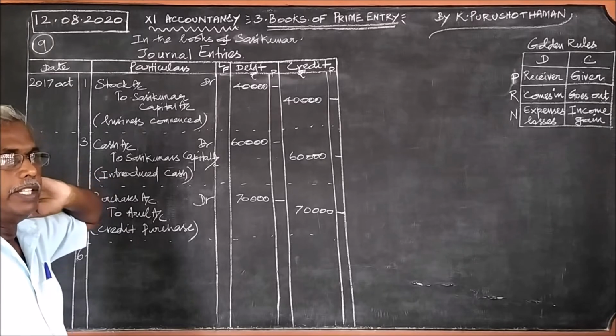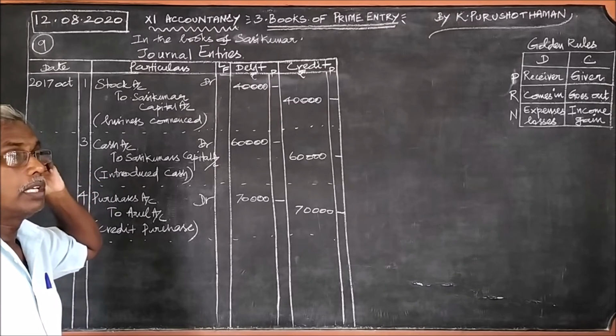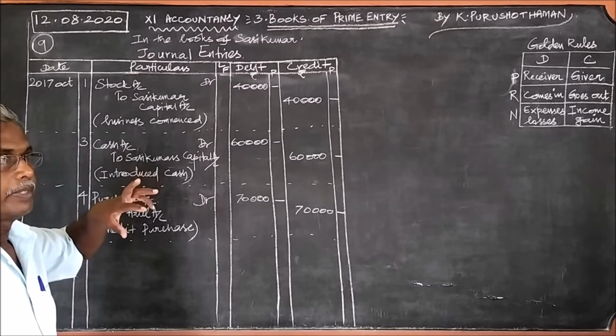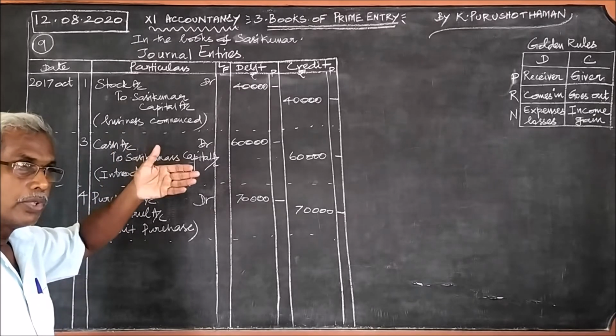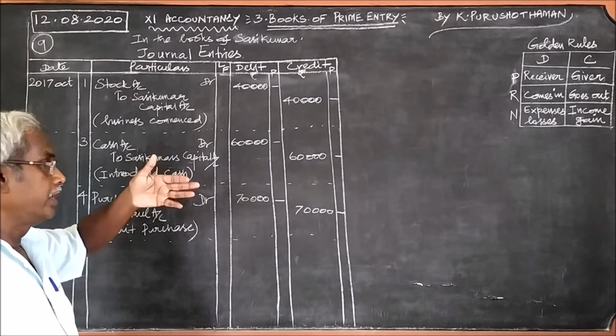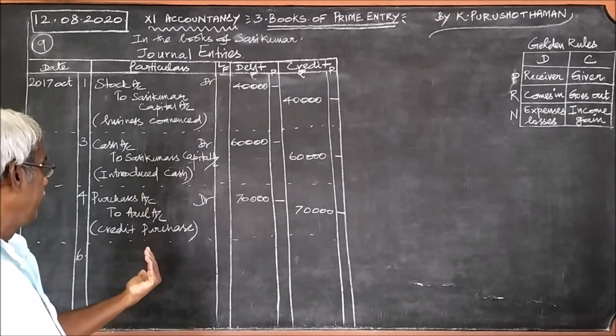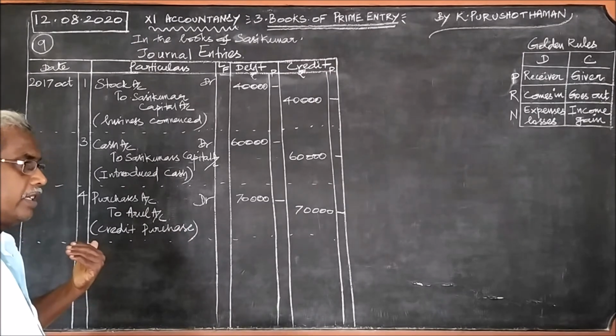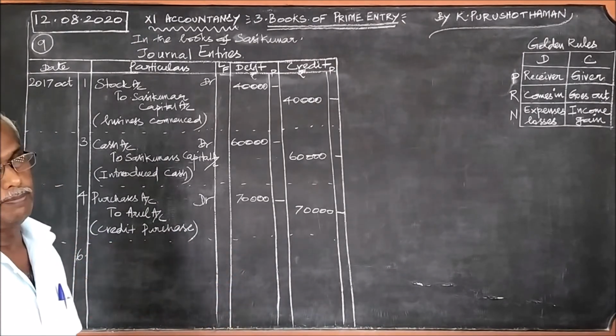Later, since the goods are not in good condition, due to some fault, the business returns the goods amounting to rupees 10,000 to Arul. When we buy the goods, goods comes in. When we return the goods, goods goes out.